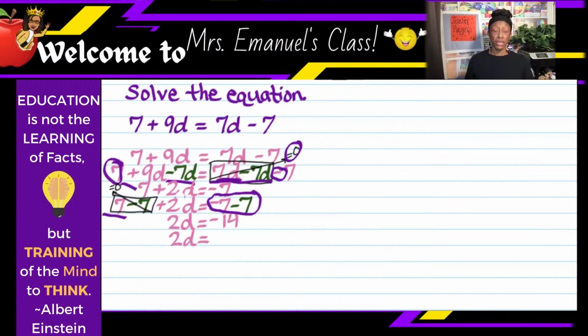Moving right along. On the left-hand side, I brought down 2d, and on the right-hand side, I brought down negative 14. Notice I circled the coefficient of d because I need to isolate the variable d so that I can find the value.